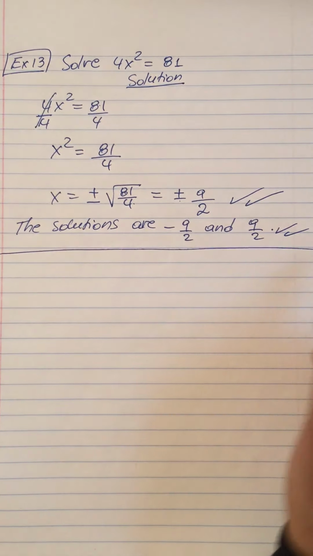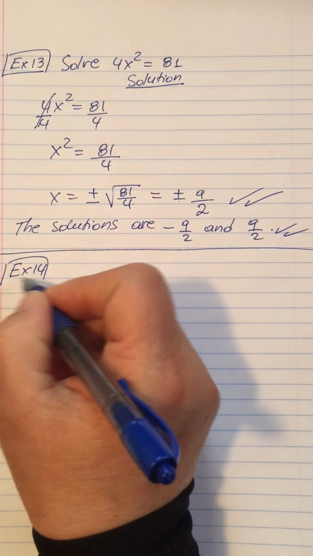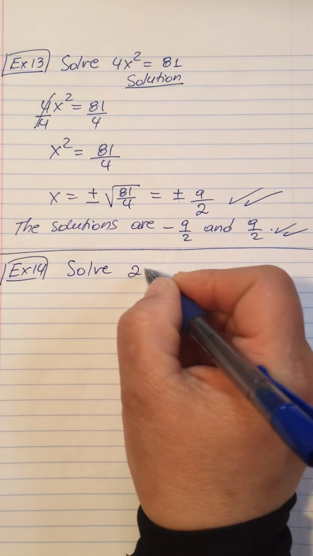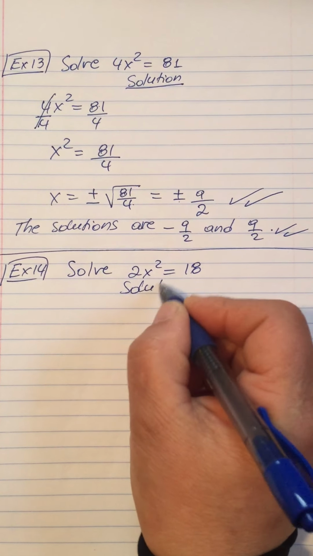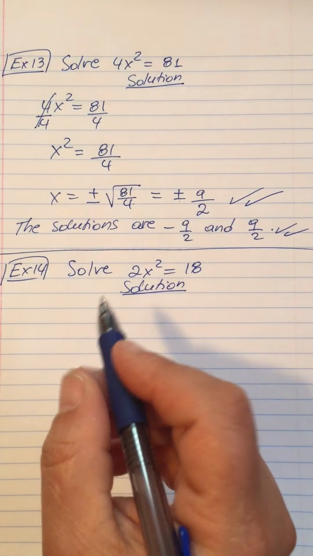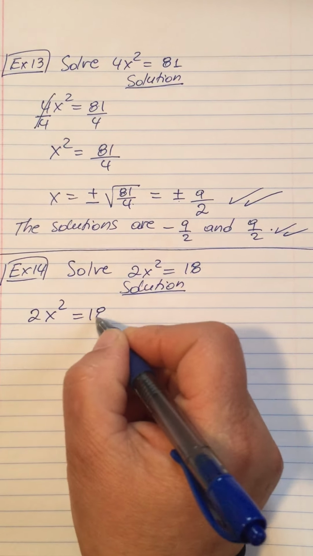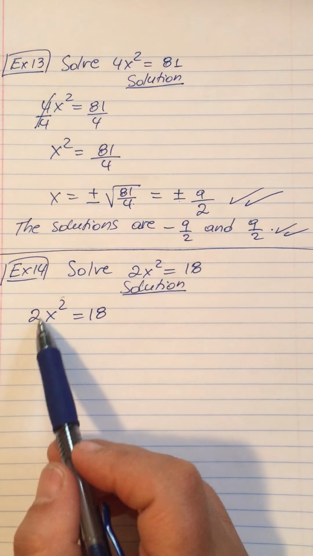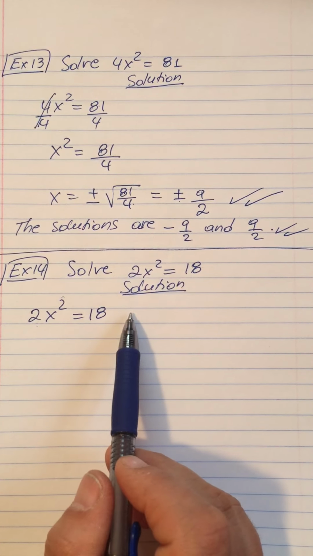Now, example 14. I want to solve 2x squared equal to 18. Solution. I am happy because I don't see an x term, and x squared is on one side and the number is on the other side, okay?